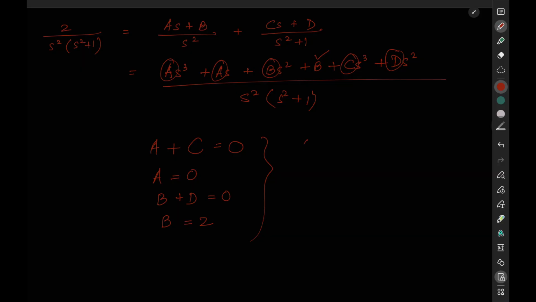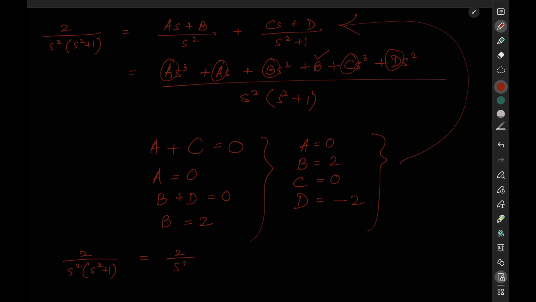From this, we will get a equals 0, b equals 2, c equals 0, and d equals minus 2. We will substitute these values in our equation. So we will get 2 upon s square into s square plus 1 equals as plus b upon s square, that is 2 upon s square, plus cs plus d upon s square plus 1, that is minus 2 upon s square plus 1.